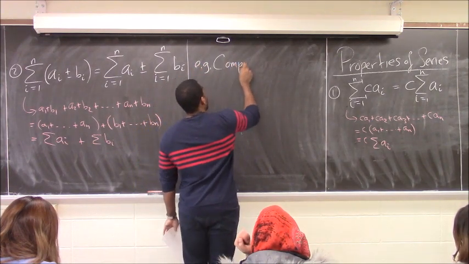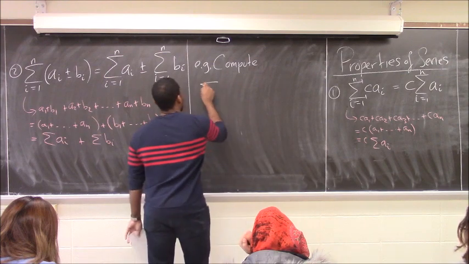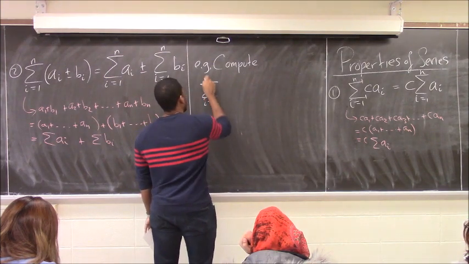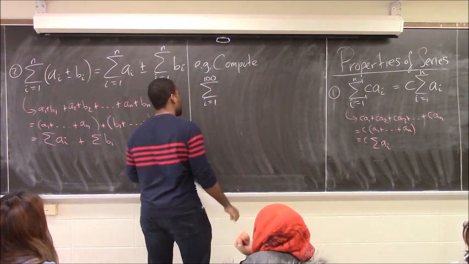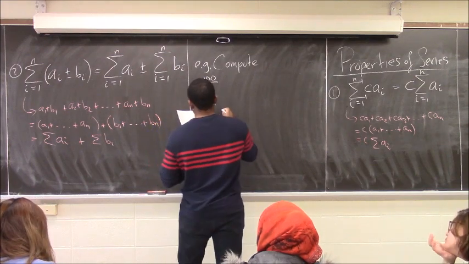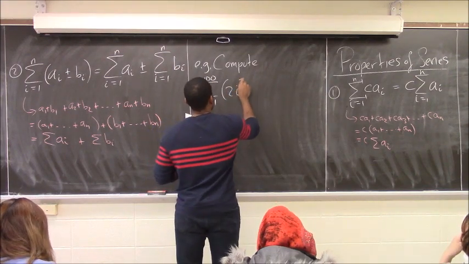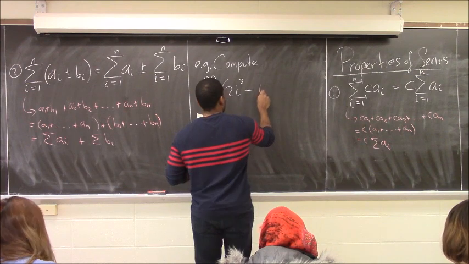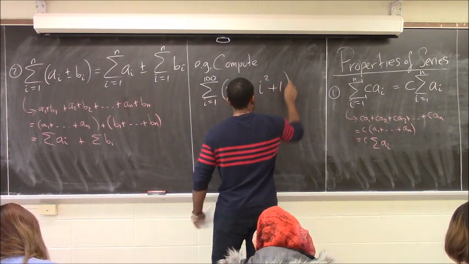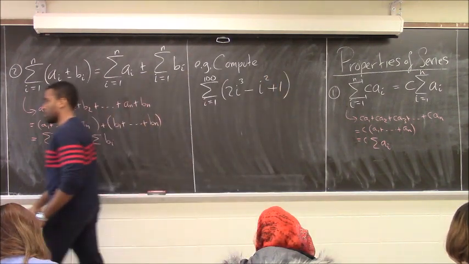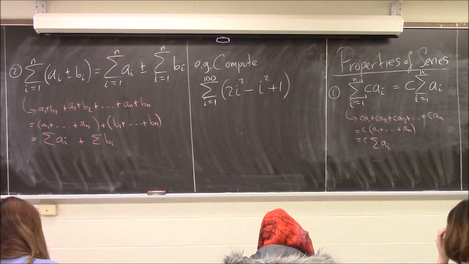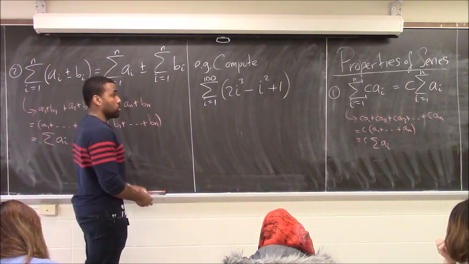Suppose I want to compute this guy. I want to add 100 terms that look like this. Now, of course, what does that mean?